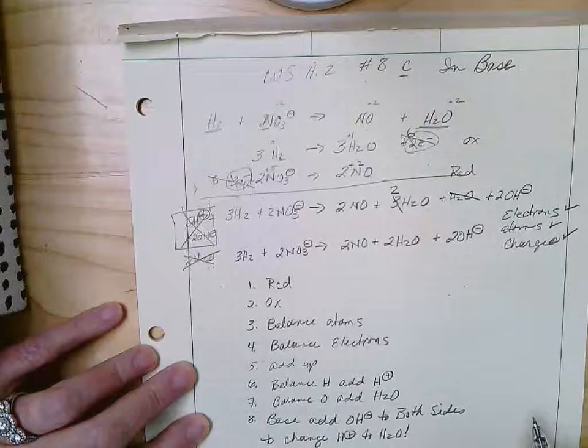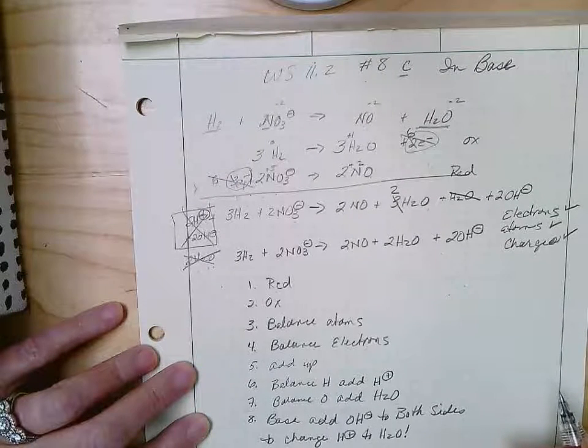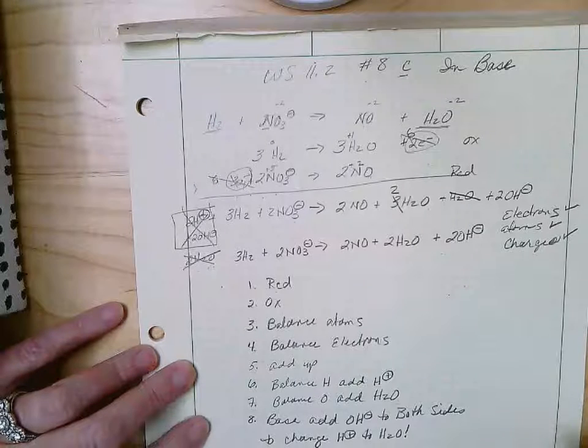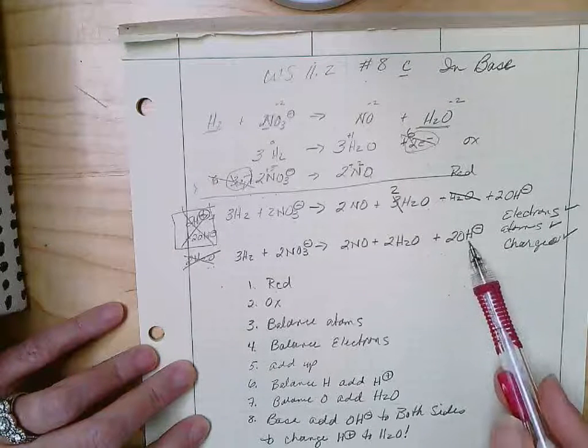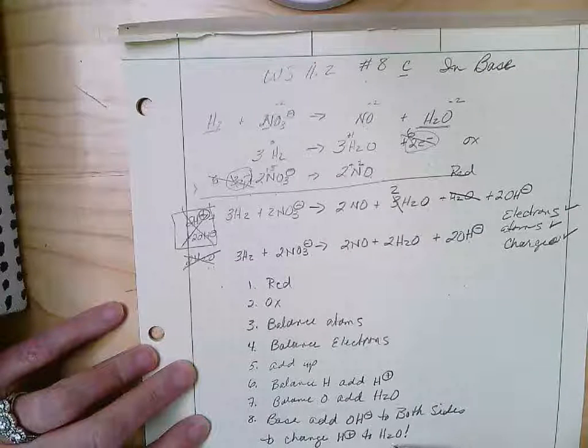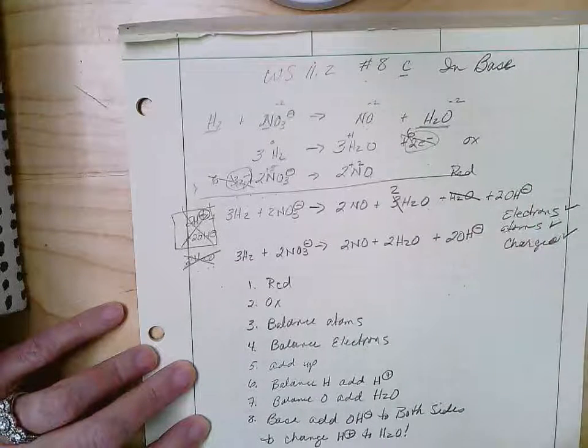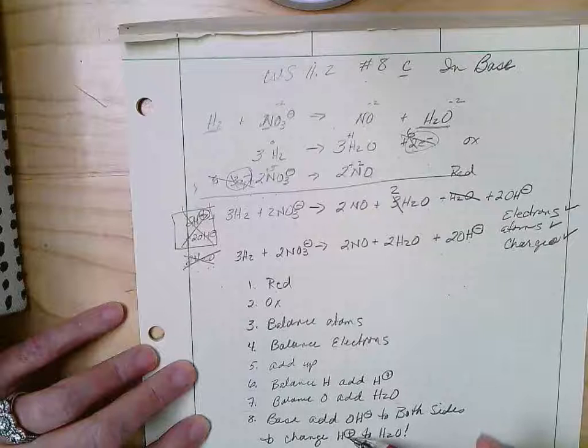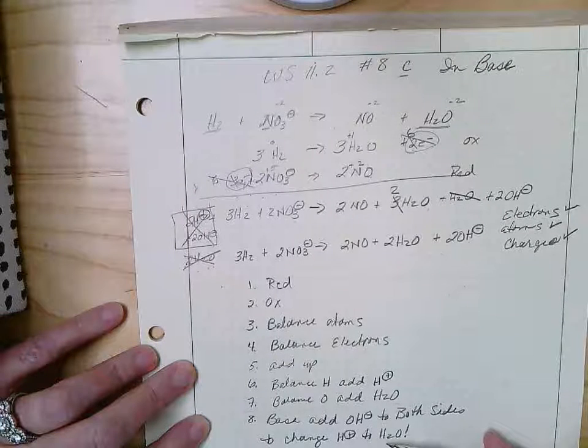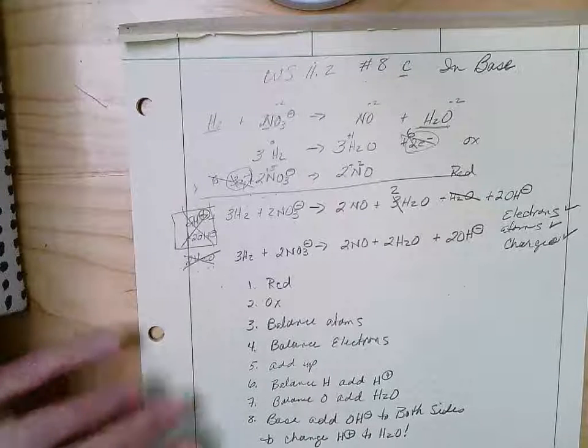And so you may end up then with hydroxide as a reactant or as a product. In this case, it ended up as a product, and that's totally fine. If it tells you base, you should not have hydrogen ions left over. You should have converted them to water and have hydroxide somewhere in there.